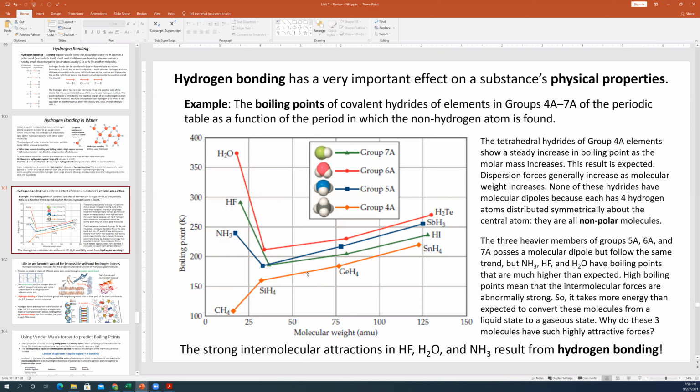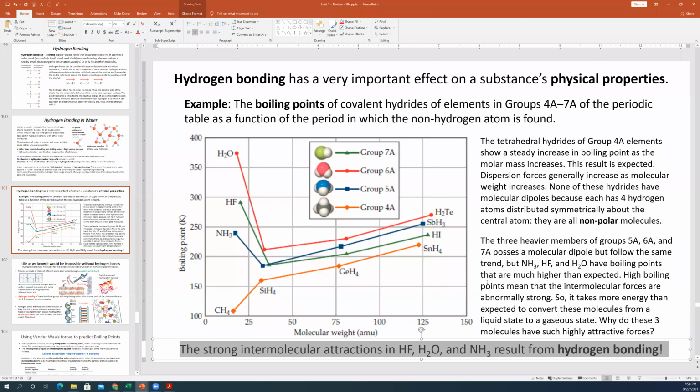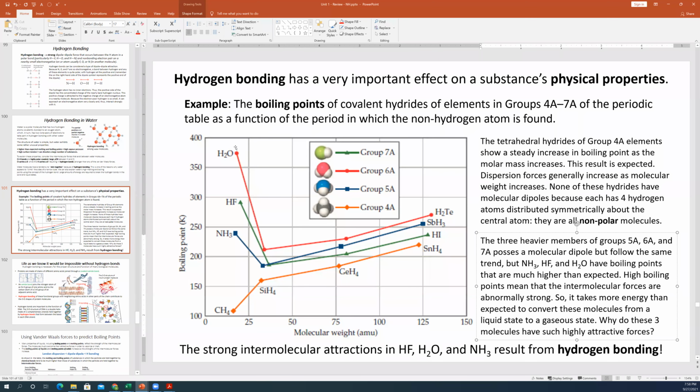So just have an appreciation for the effect of hydrogen bonding here. I've highlighted this in bold: hydrogen bonding is the reason for these surprisingly high boiling points for these covalent hydrides of these groups. Okay.